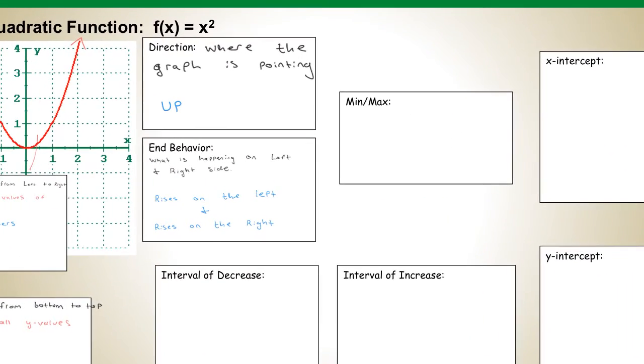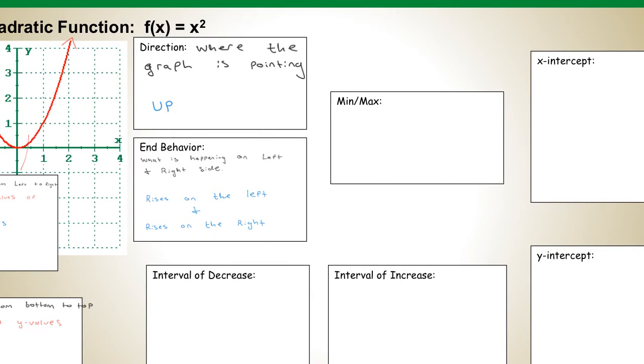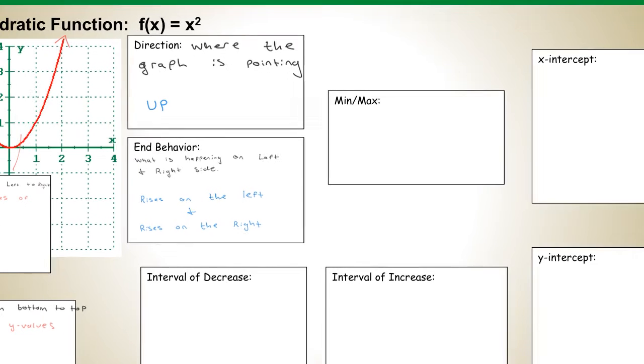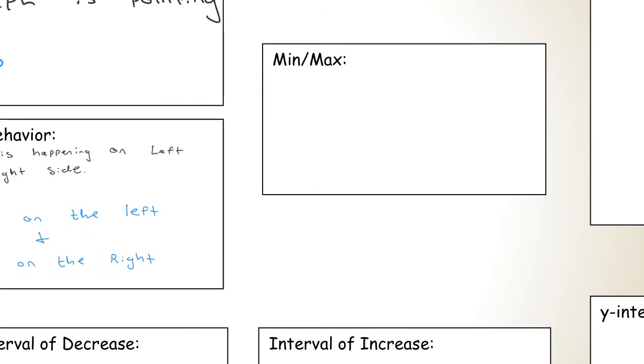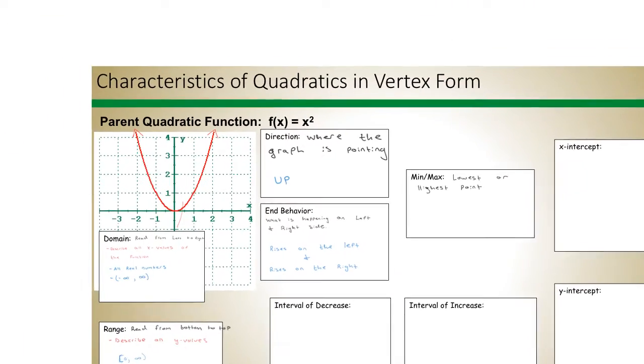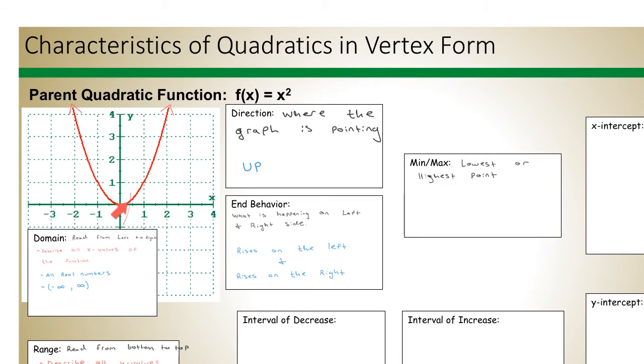Next thing, max or min. A quadratic function is always going to have either a maximum or a minimum value, okay? So we're just describing how low or high the function goes. For this function, we notice that the lowest point is right here, and it's always the vertex, okay?